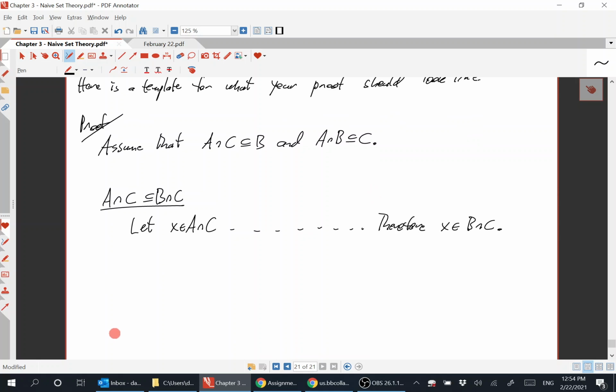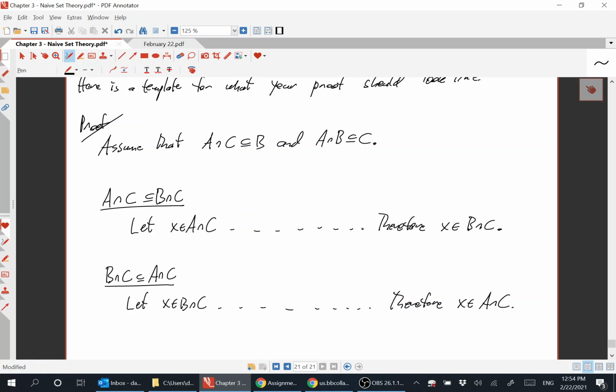And then you're going to want to show that B intersection C is a subset of A intersection C. It's essentially going to be the same thing. Let X be an element of B intersection C, blah, blah, blah. Therefore, X is an element of A intersection C. It's going to be the same proof, just switching A and B around.